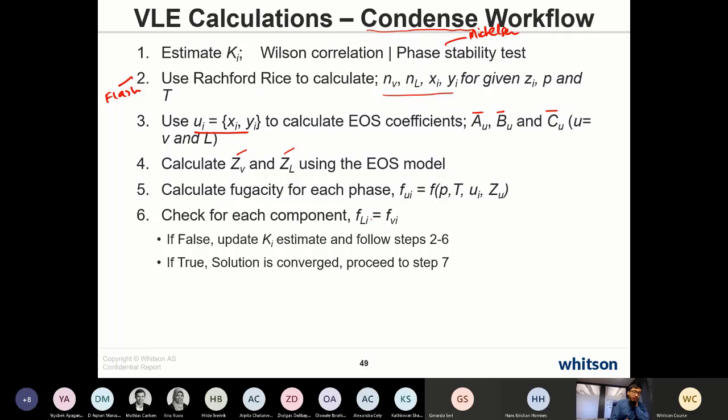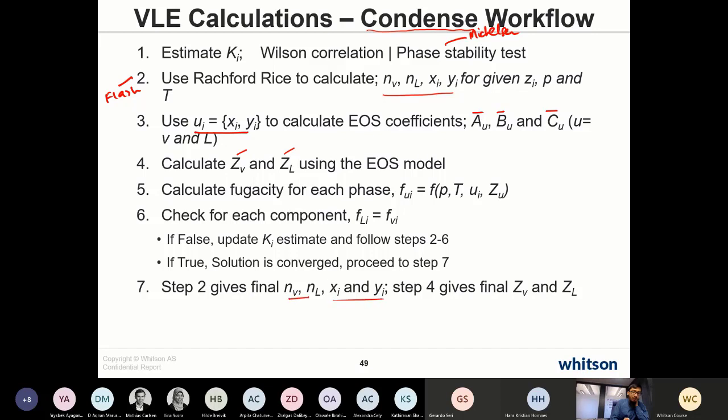If this constraint is violated, like if they are not the same, then you have to update your K values. There are different methods for updating the K values, given in chapter 4 in the monograph. And if this constraint is met, then your solution is converged, and then you can jump to step 7, where you get the moles of the vapor phase and the liquid phase and the compositions.